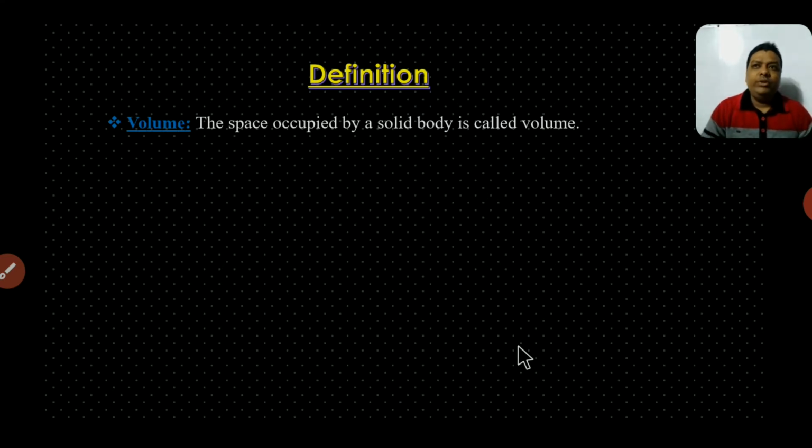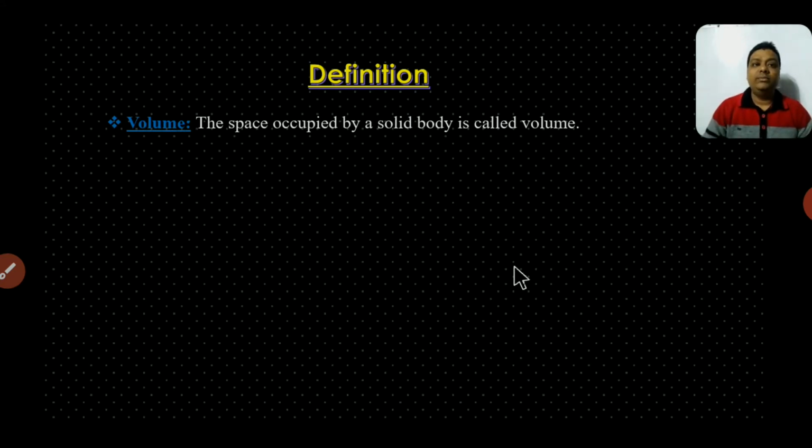If you have a matchbox filled with matchsticks so that no space is left for any cubic centimeter of air, then the total space covered by the matchsticks is called its volume.